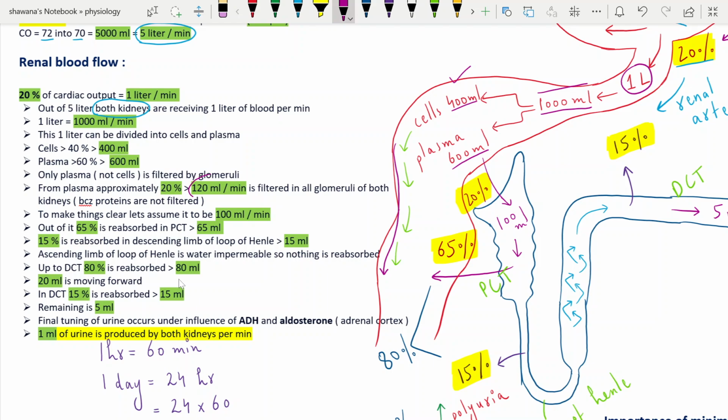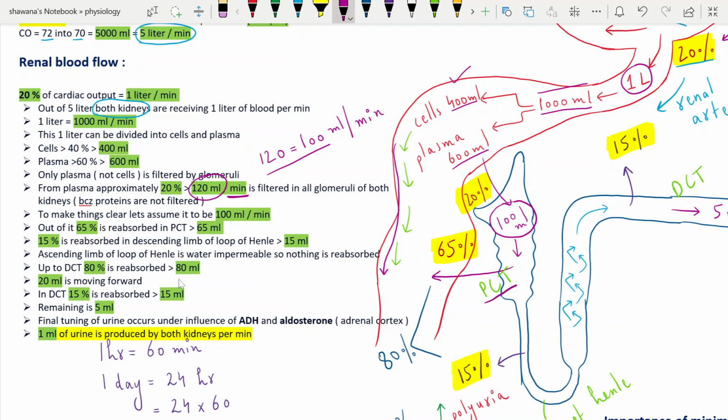It is approximately 120 ml per minute. We are talking in 1 minute. But it is 120, so we can write it as 100 for easy understanding. Okay, 100 ml per minute of plasma is filtered in glomeruli of all nephrons in both kidneys. So 20% is filtered, and approximately 100 ml comes towards the glomerulus.